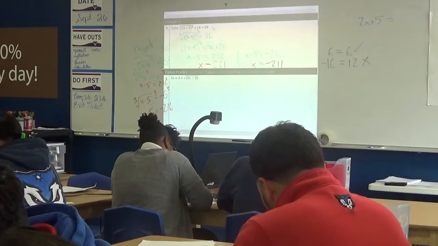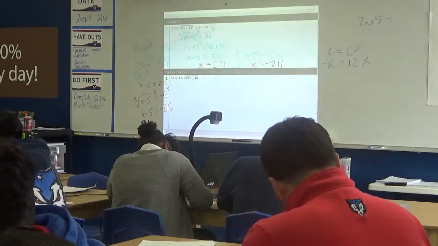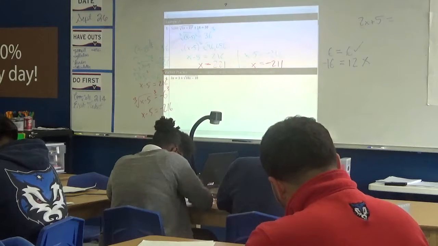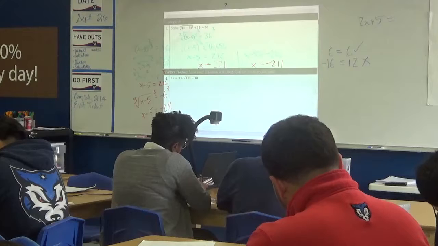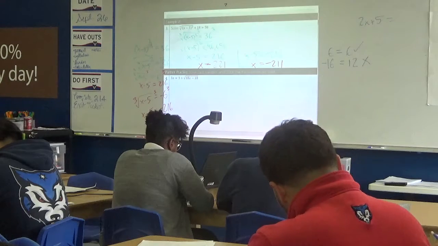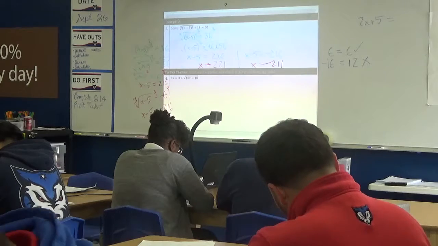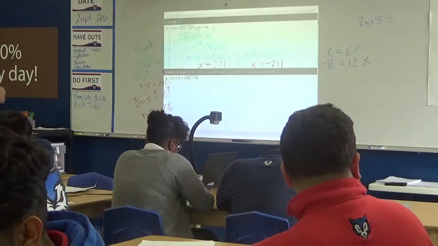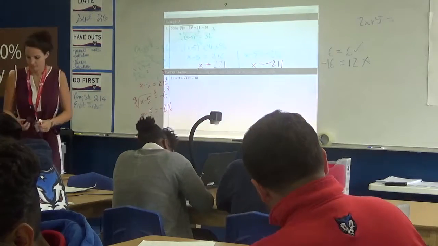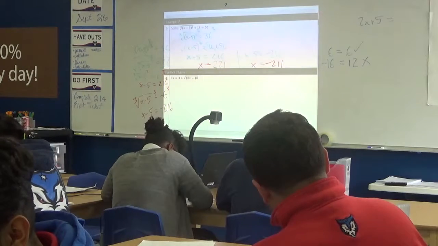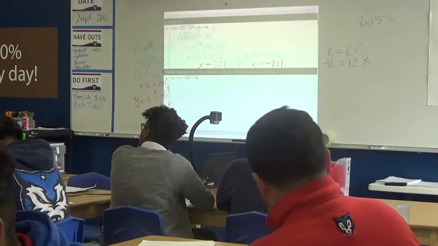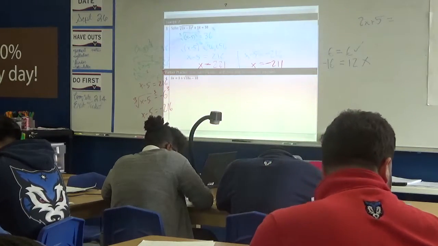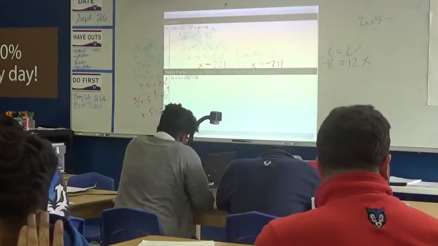What did you say this time? Because x minus 5. This is only 1 minus 5. So then you put negative 2 and then plus 5, right? Okay, so keep it in, right?